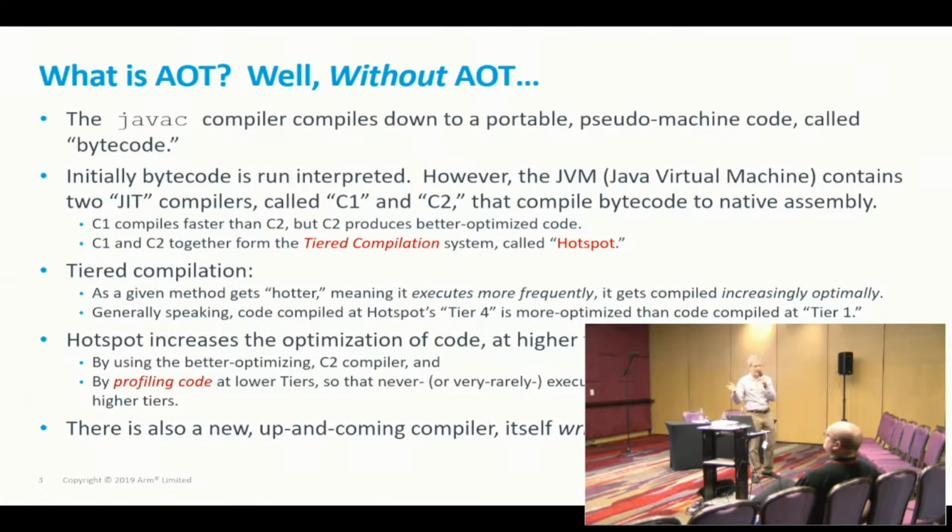Before AOT got involved, most of you probably know that the javac compiler does not compile down to the actual machine language, at least normally under OpenJDK. It instead compiles down to a virtual machine language called Java bytecode.